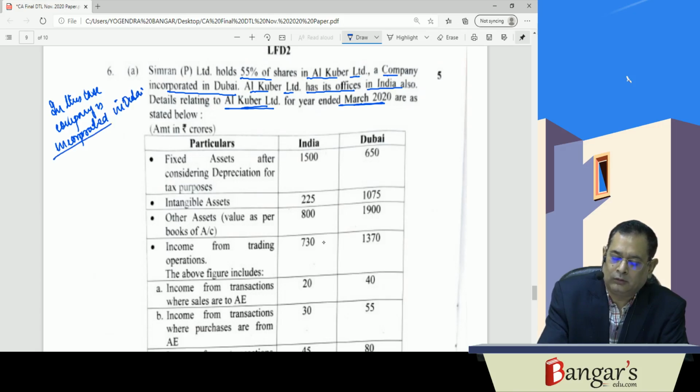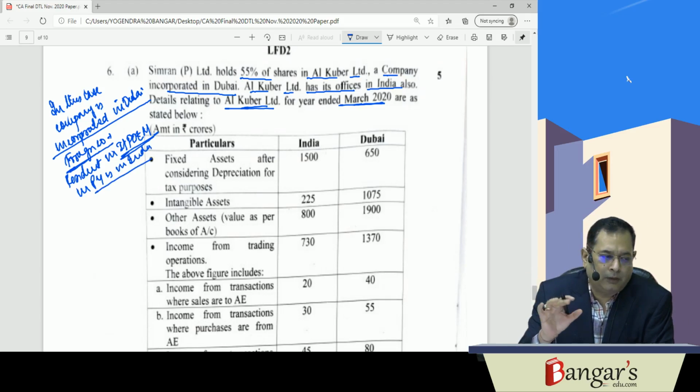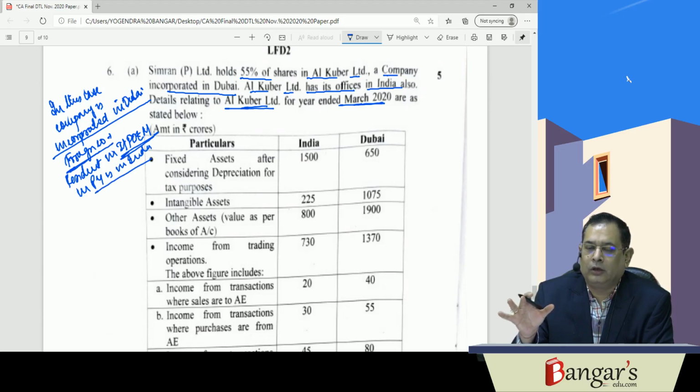So here, it is a foreign company, and a foreign company will become resident in India if its place of effective management during the previous year is in India. Now, for determining whether the company has its place of effective management in India, we have to see whether the company is engaged in active business in India or not.